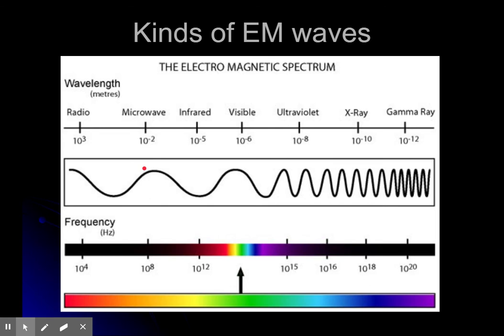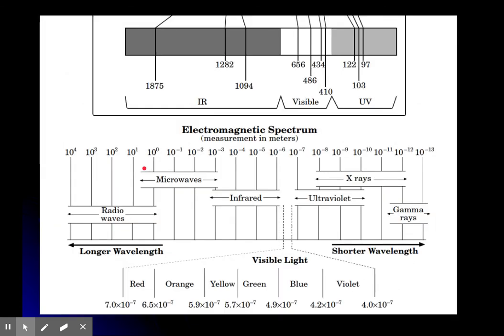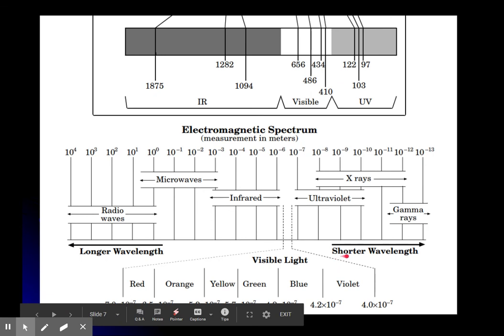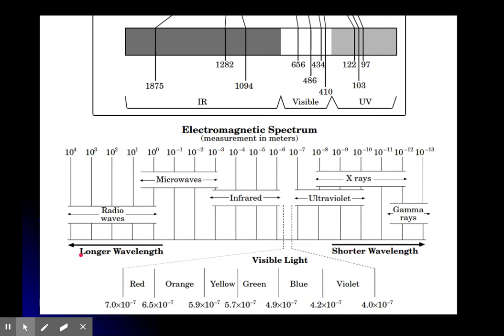On your chemistry reference tables, on the very last page, you have a copy of this electromagnetic spectrum. It has the same things: radio waves, microwaves, infrared, which has to do with heat, and that tiny little piece that we can actually see, ultraviolet, X-rays, and gamma rays. It doesn't have a picture of the wavelengths, but it does tell you that on this side you have shorter wavelengths, and on this side you have longer wavelengths.